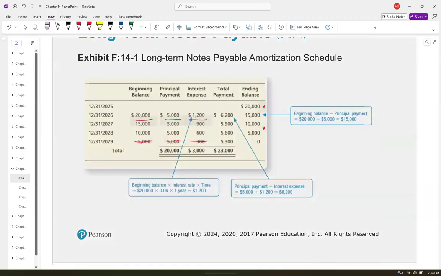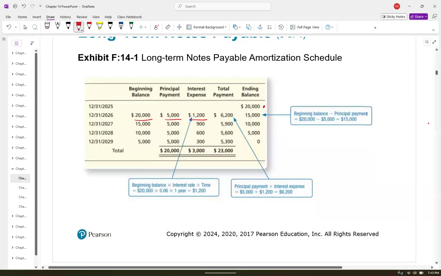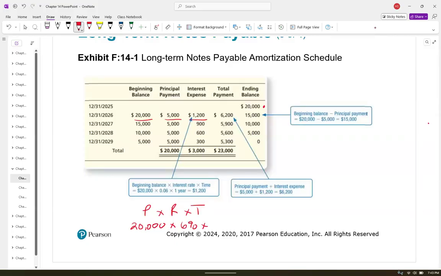We're doing simple interest here, not compounding interest. So that is principal multiplied times rate multiplied times time. The principal was 20,000, the rate was 6%, and it was for a whole year, so we're just going to multiply that times 1.